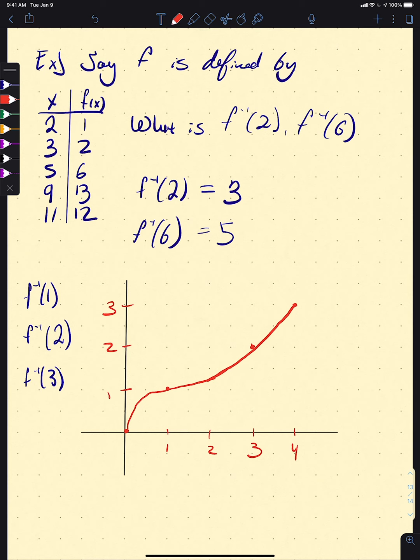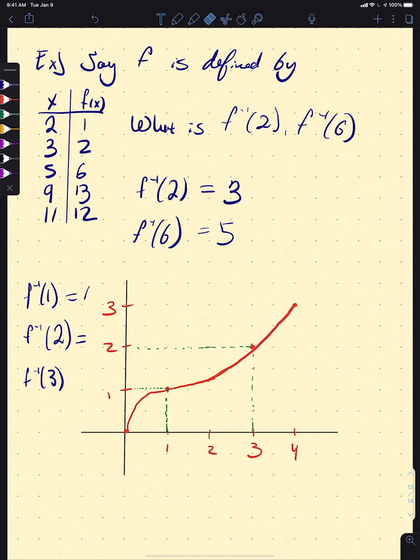So f inverse of 1, well, what I can do is start at 1, go on over to the graph, and then walk down and see what input sent to the output 1. That would look to me like the input that sends to 1 is 1. So now we're asking what input sends to the output 2. So we go to our output 2 and trace over, hit the graph and trace down, and it would look like we have 3.